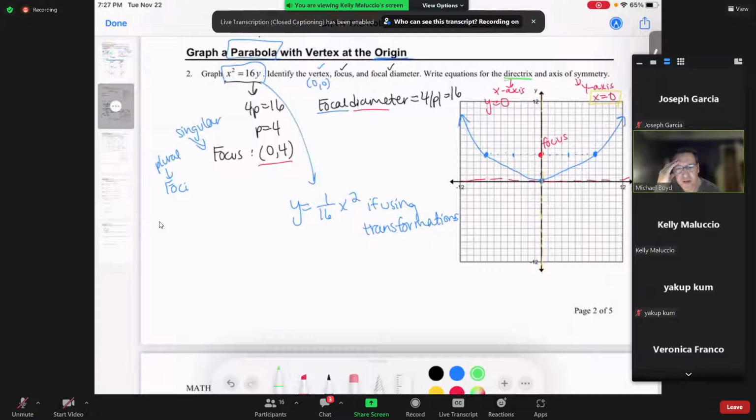Should it be y equals negative p, the directrix? The vertex, this is just centered at the origin, so the vertex is 0, 0. The focus point is 0, p. Okay, so the directrix is negative p?